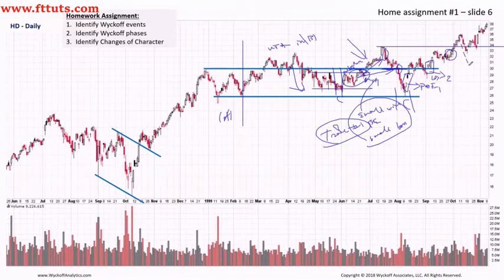Because we don't know if the next reaction is going to be such that would take us out and hit our stop loss. So we would just patiently wait until the backing up action after the sign of strength forms, and we would enter somewhere here. So this would be our third point of entry. So we would be entering here, here, and then here. And prior to that, we entered here, and we exited here and here.